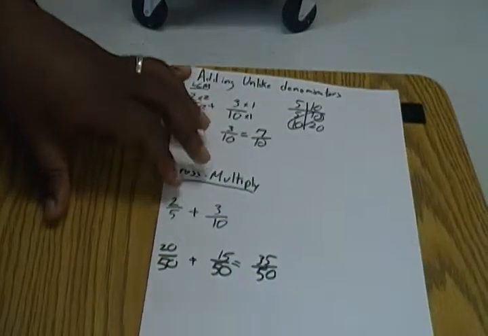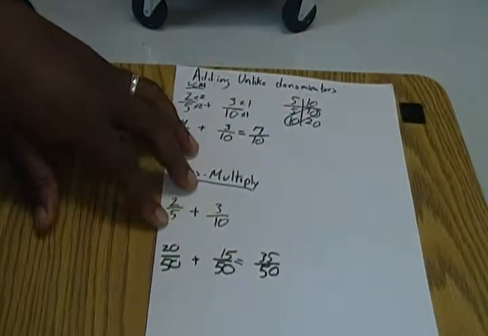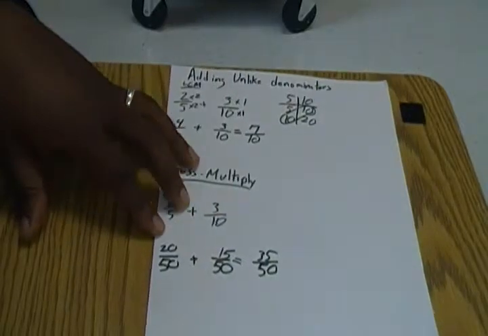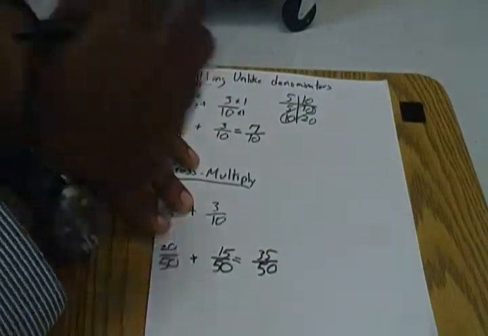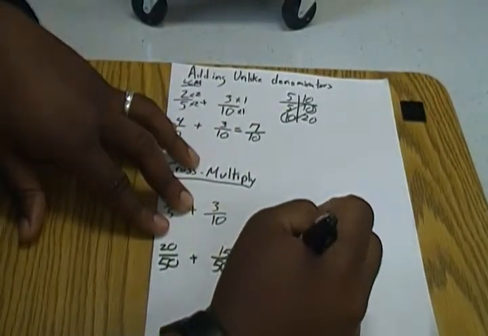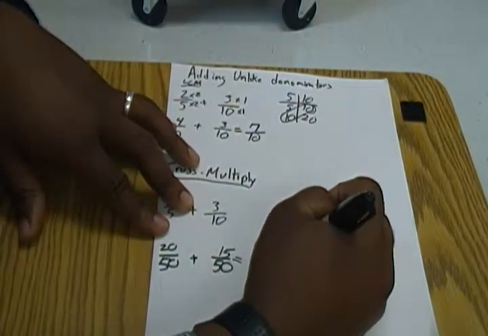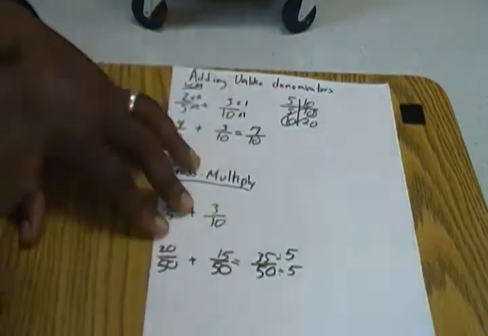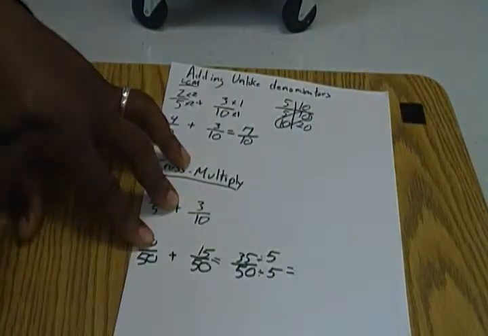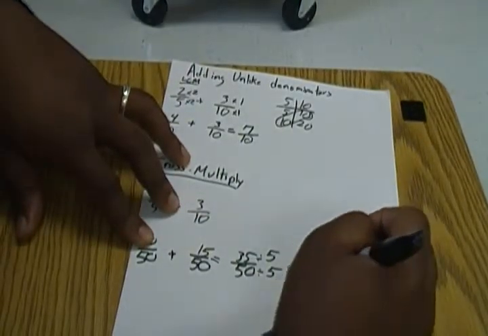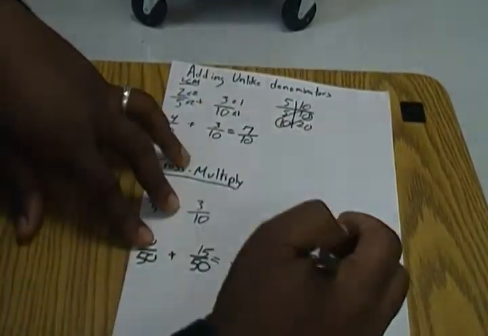We have to figure out what number can go into 35 and 50. Well, from here, we know that the common factor of 35 and 50 is 5. Alright, so then we get 35 divided by 5, which is 7. 50 divided by 5 is 10.